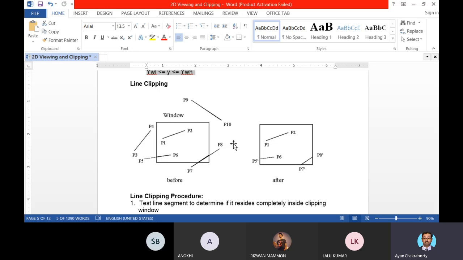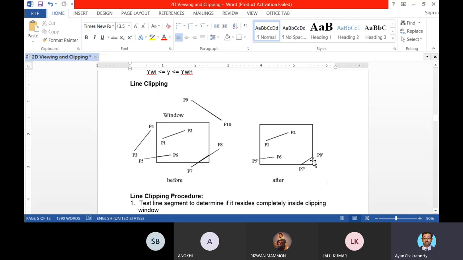In this way, for this particular example, we will get two intersection points with two sides of this window frame with this straight line P7 P8. Whenever we get these two points, the line will be clipped, just like in this after image. You can see here that the straight line P7 P8 has been clipped into P7 dash to P8 dash. That is the clipped portion.